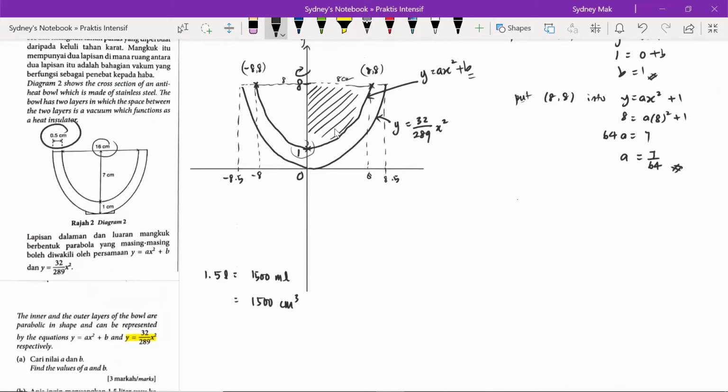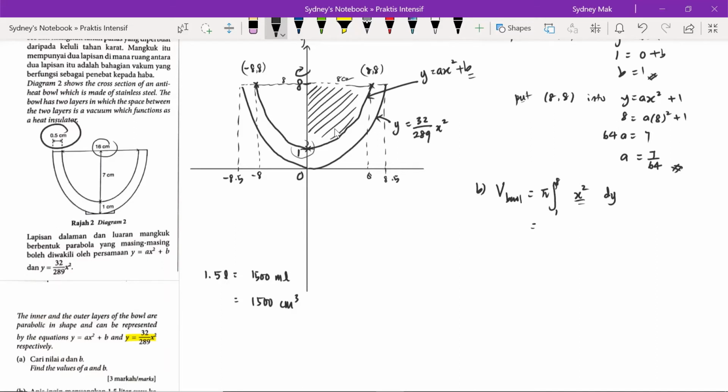Then we will get the volume of the bowl. So the volume of the bowl will be pi, integral of x squared dy, because it's about the y-axis, and the boundaries must be on the y-axis, so y ranges from 1 to 8.